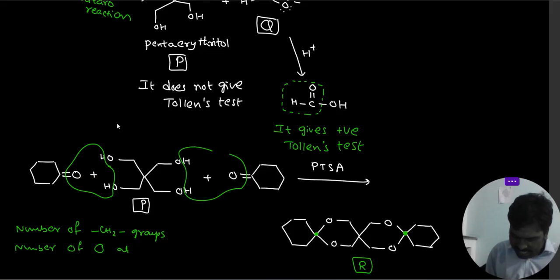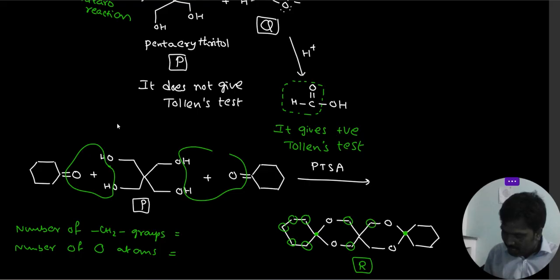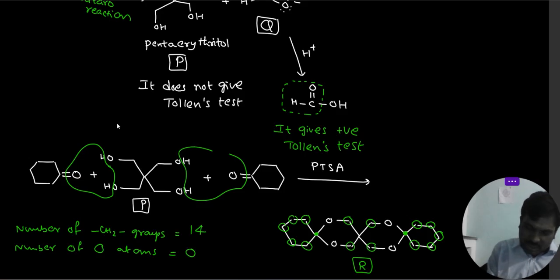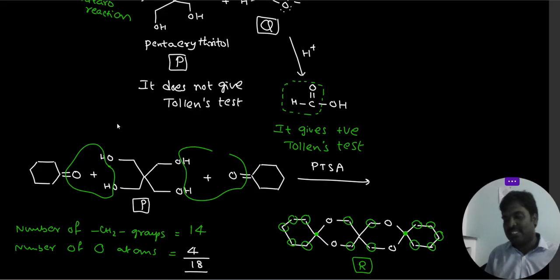How many methylene groups? 1, 2, 3, 4, 5, 6, 7, 8, 9, 10, 11, 12, 13, 14. 14 methylene groups. How many oxygen atoms? 4 oxygen atoms. Total how many? 18. So this 18 is the right answer. Understood everyone? This 18 is the right answer.